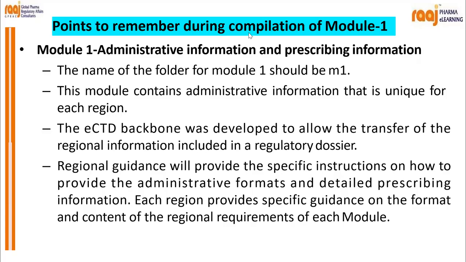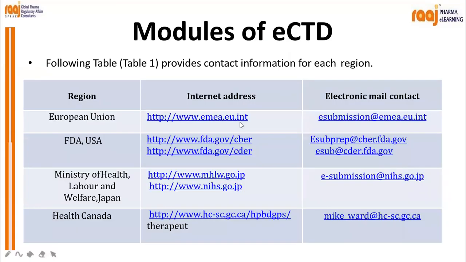The eCTD backbone was developed to allow the transfer of the regional information included in the regulatory dossier. So, as I mentioned earlier, all administrative information follows regional specific requirements, and regional specific guidance on format and content is to be followed when we handle module 1.